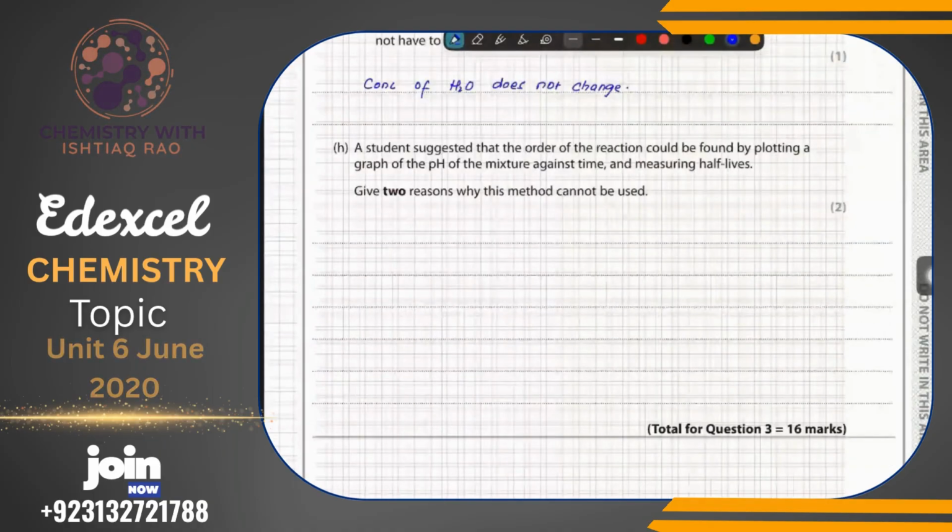Now, the student suggested that the order of the reaction could be found by plotting a graph of pH of the mixture against time and measuring half-life. Give two reasons why this method cannot be used.